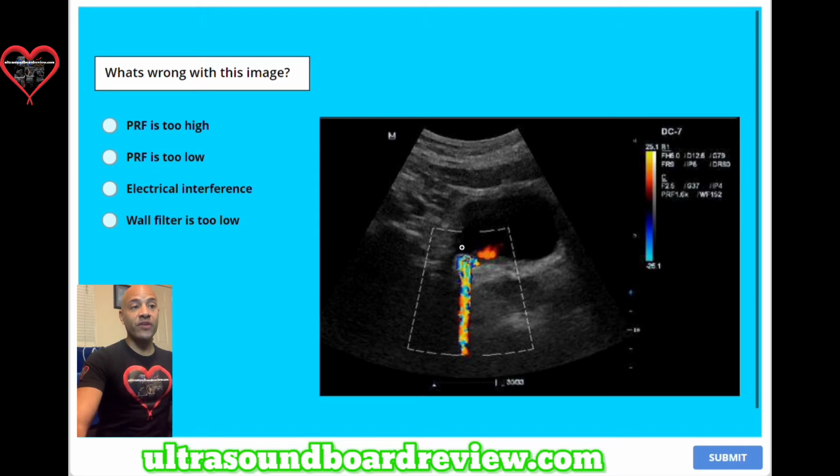This is called a twinkling artifact, which is caused when the PRF is too high and when you have stones inside the body. When you place color Doppler over that stone, it's going to cast a posterior twinkling artifact.